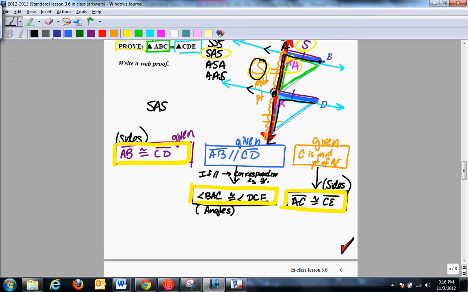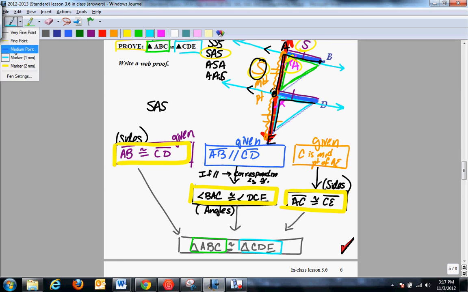Using all three pieces of information, we can now say that the triangles are congruent. Triangle ABC is congruent to triangle CDE. And the reason why they are congruent is the shortcut side, angle, side.